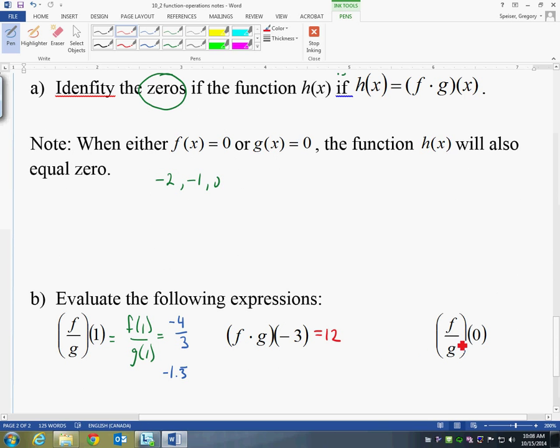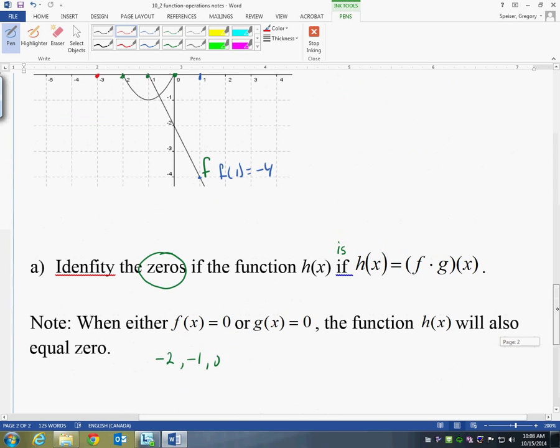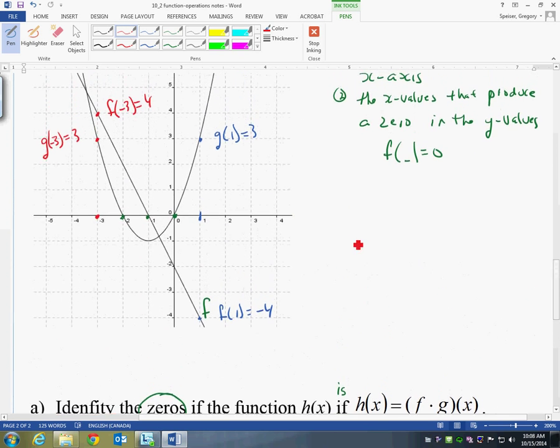Okay, f at 0 and g at 0. I'll go black on this one. At 0, this one is g. So g at 0 is equal to 0. F at 0 is equal to negative 2.